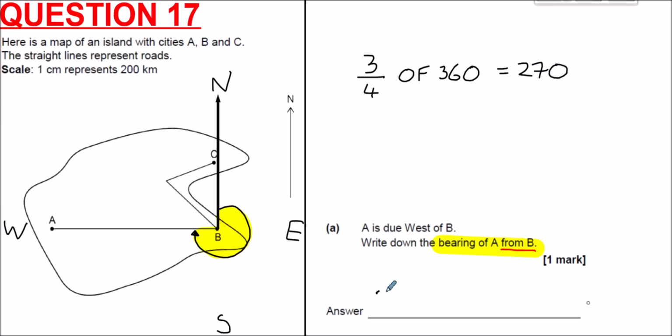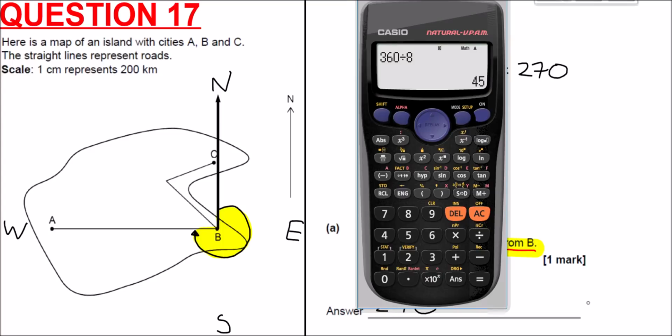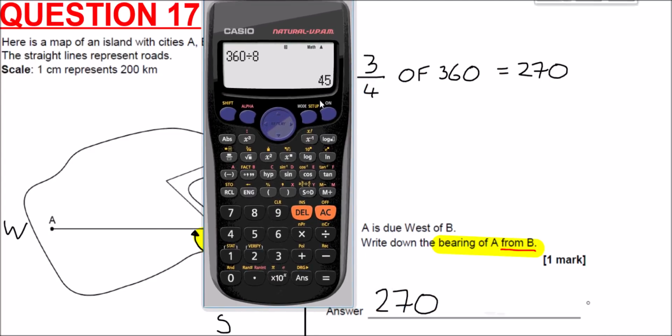And so the bearing is 270. The bearing due east is 90, due south is 180, west 270, back north we've done a full 360. And we could check this on the calculator, which should just be 3/4 multiplied by 360, which of course gives us 270.